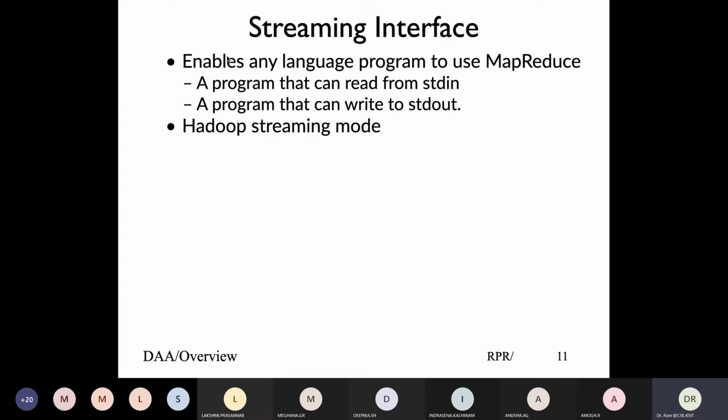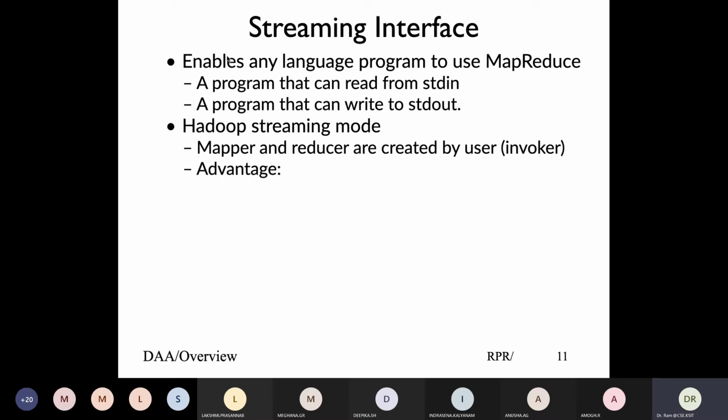All that the user has to do is provide a mapper program and a reducer program, but they should basically read from standard input and write to standard output. Even if you don't have any input and you are doing plain computation, because of the framework, you still have to provide an interface. Though you don't read it, you have to provide a mechanism for stdin.